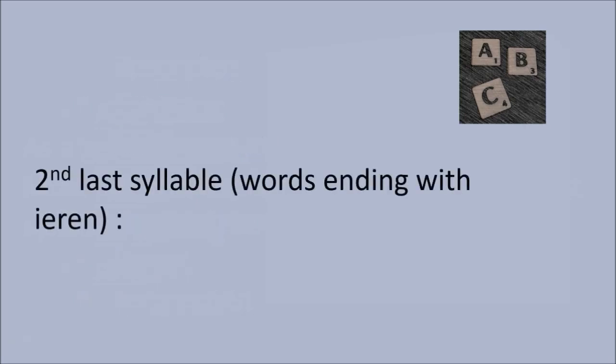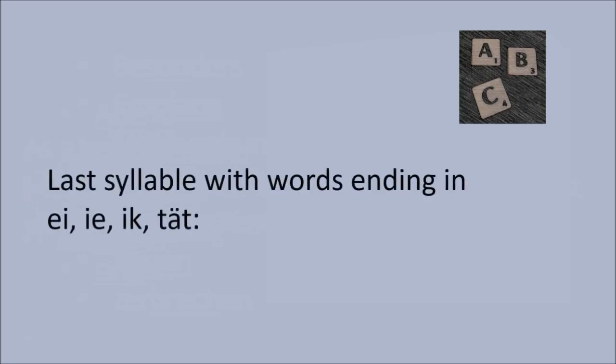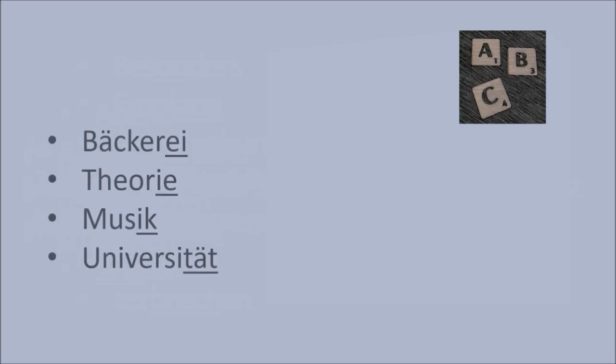And on the second last syllable, with words that end in ieren: rasieren, telefonieren, studieren. And on the last syllable with words ending in ei, ie, ik or tät: Bäckerei, Theorie, Musik, Universität.